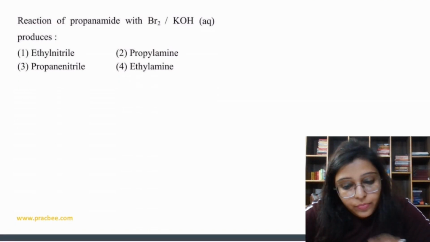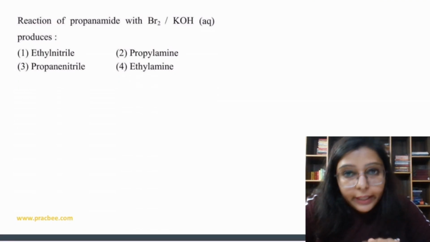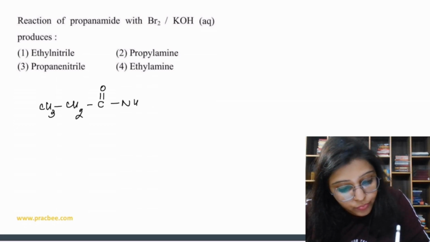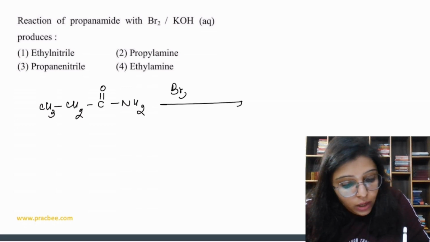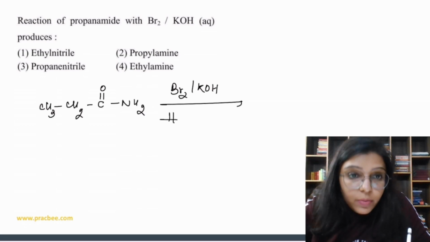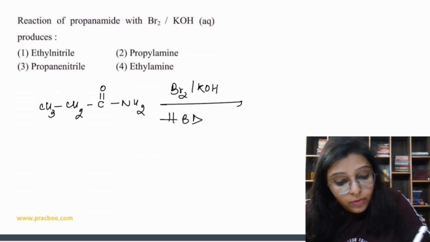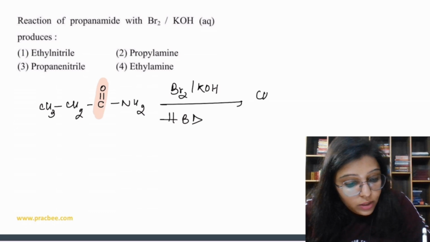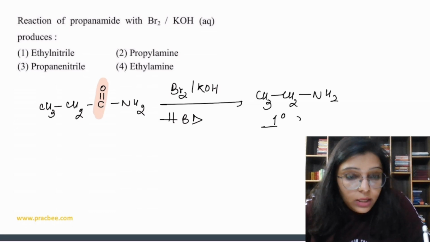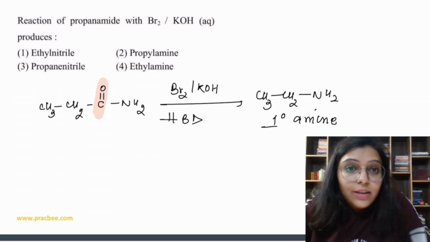Now next question. Reaction of propanamide. Propanamide means CH3CH2C=O NH2 with Br2/KOH. This is Hofmann bromamide degradation. We have to remove this carbonyl. So we get CH3CH2NH2, a primary amine with one carbon less.